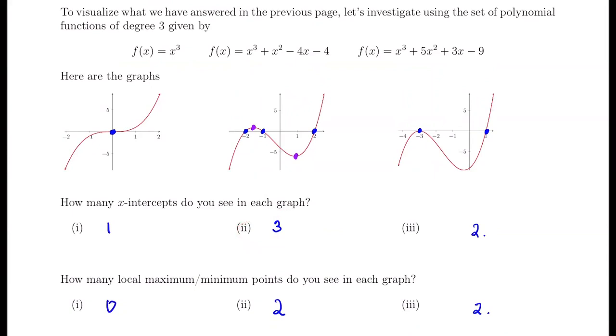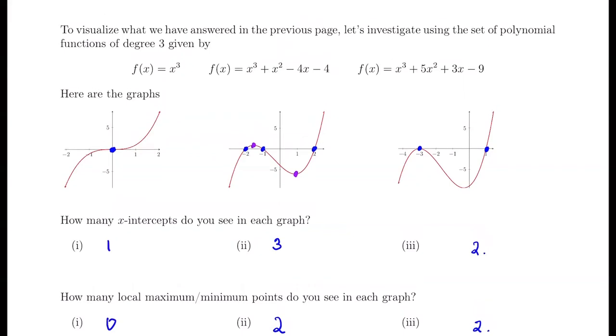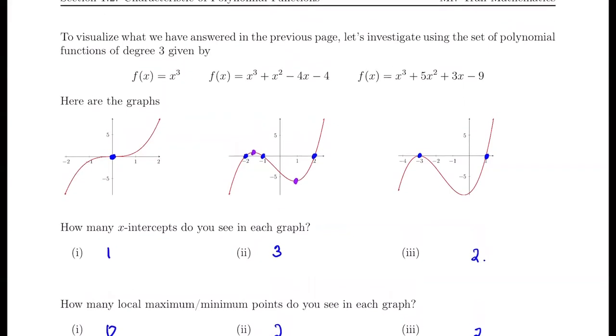For example, a quadratic function can have 0, 1, or 2 x-intercepts, but you can't have 3. Now, for the local maximums and local minimums, we can only have a maximum of 2 turning points, but we could have 0 turning points as well.